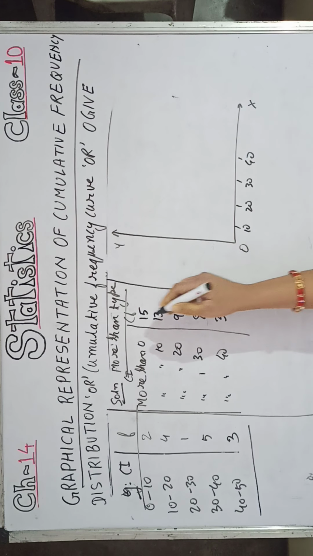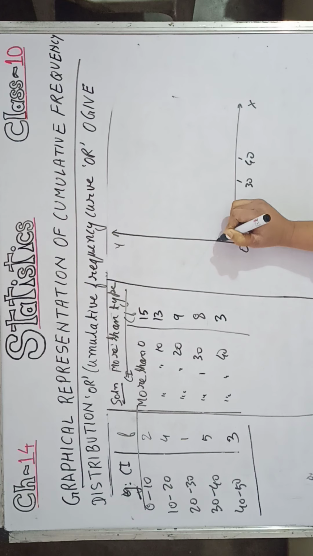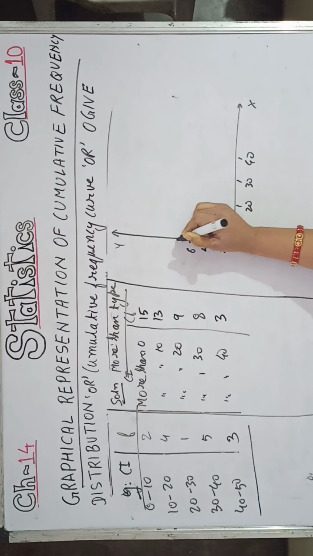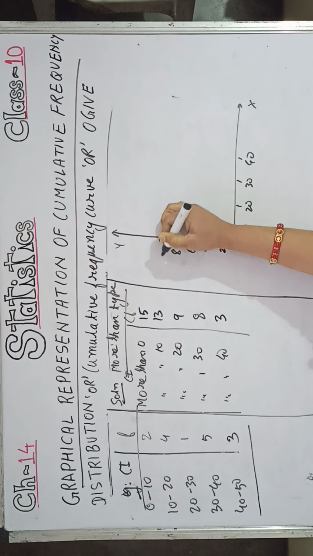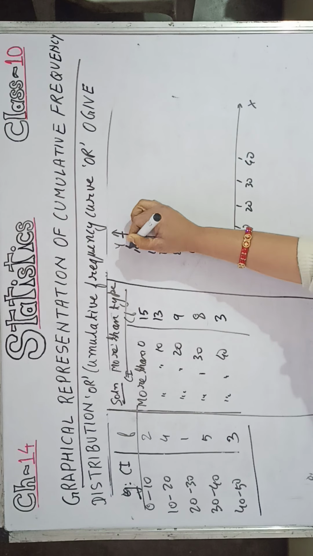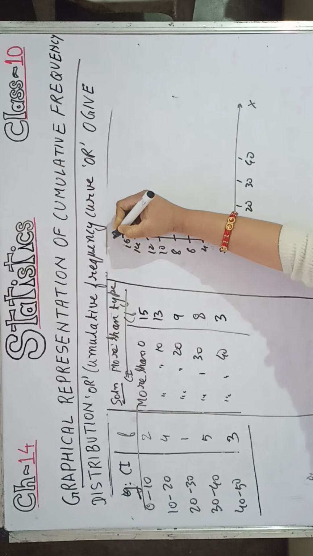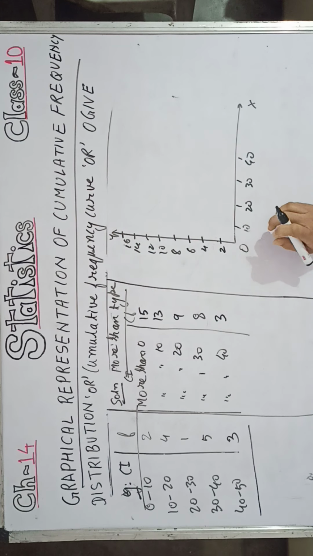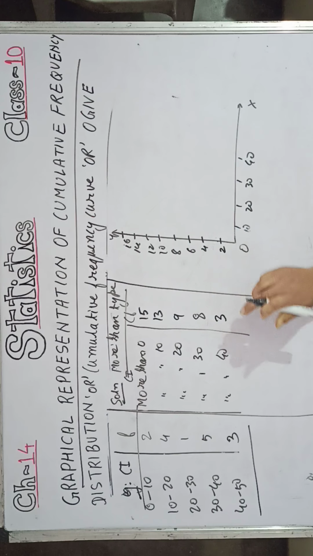Then the lowest is 3, the highest is 15. So I am writing over here 2, 4, 6, 8, 10, 12, 14 and 16. Means the highest and the lowest should fit over here, so that we can plot the points properly.